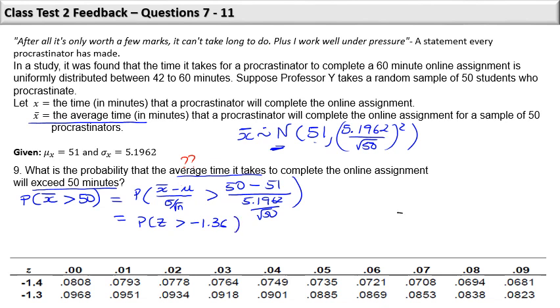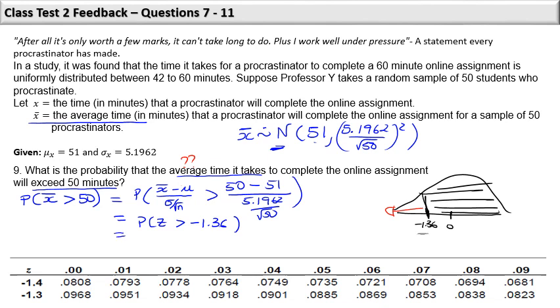So the next step is for us to see it graphically. What are they asking us? They are asking for the probability that z will exceed negative 1.36. So we are looking for this area greater than negative 1.36. But if you go to your Z tables, when you go to negative 1.36, it gives you the area going down. So how do we get this area? We simply use the complement rule.